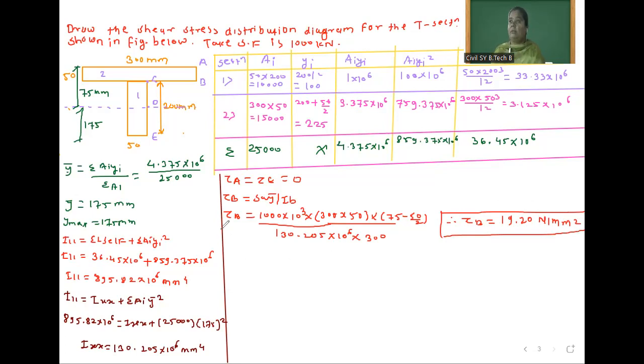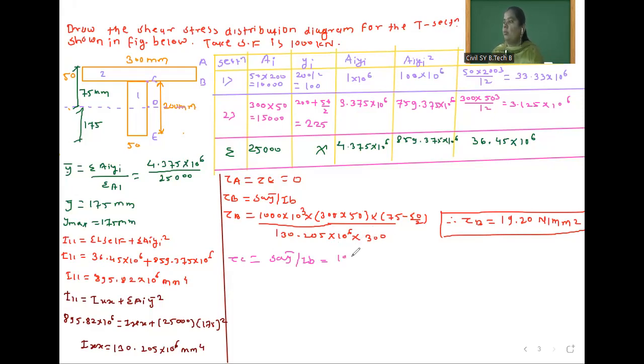After that, we will calculate for C. Tau C is equal to the same equation, SA y bar by IB. Other parameters will be same, only width will be changed.